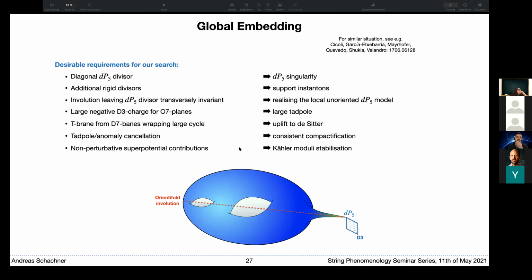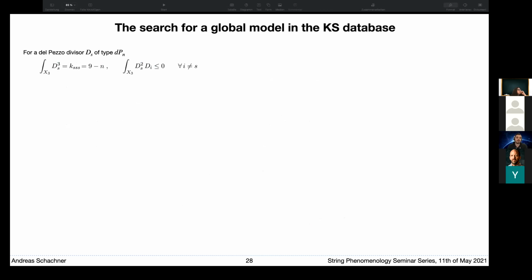Now, taking all of these requirements into account, we began looking out for suitable Calabi-Yau threefolds. So first, we have to formulate some sufficient conditions for finding del Pezzo divisors in the Calabi-Yau threefold. A divisor that is of the del Pezzo type, for example, has to satisfy that the triple self-intersection number must correspond to the degree of the del Pezzo surface.